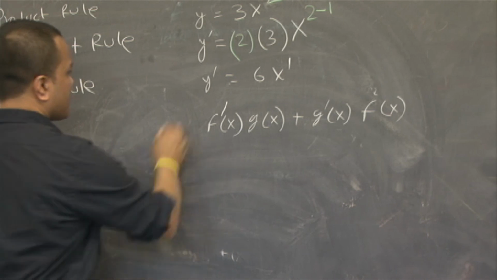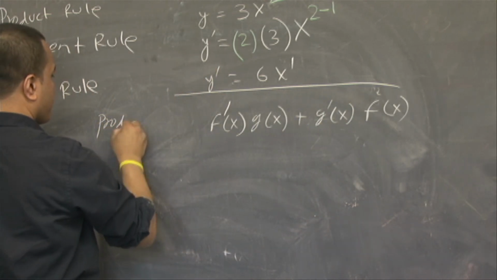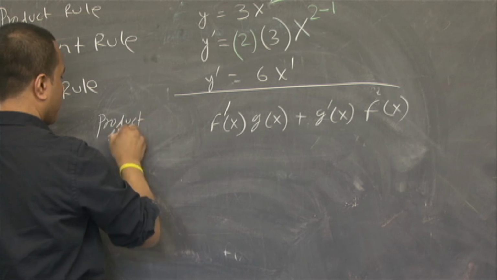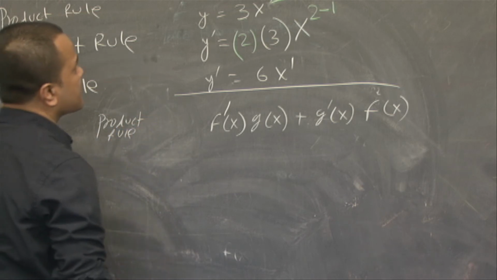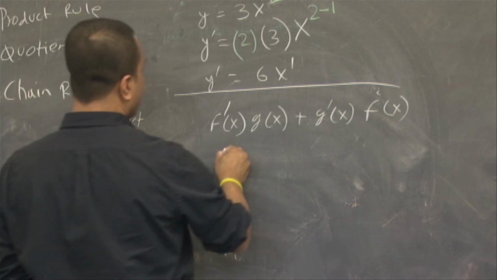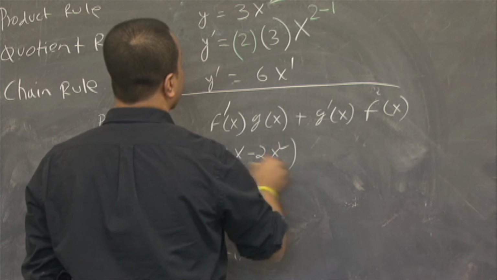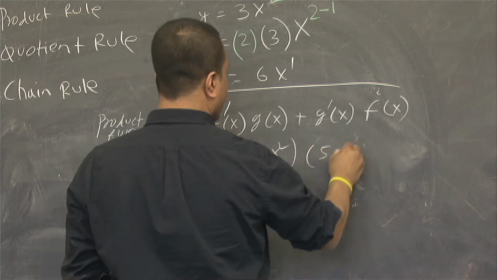So let's write an example. This is the product rule. All right. So let's write an example. What example can we write? Maybe 3x minus 2x squared, and then 5 plus 4x.